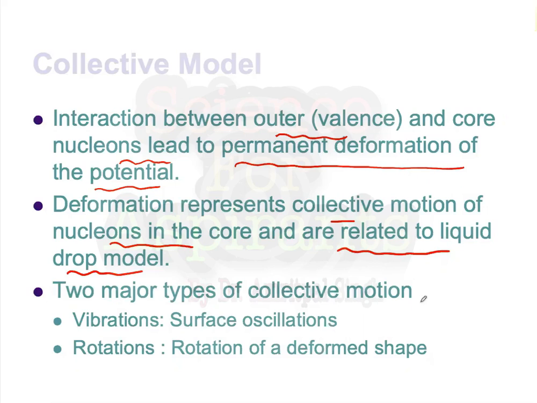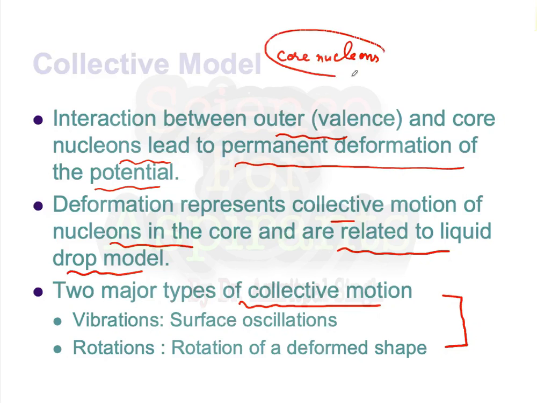He explained this model in two forms. He said that the collective motion is of two types of nucleons. One is core nucleons, those nucleons whose octet is completely filled, and the others are the valence nucleons, which are present in the outermost shell.